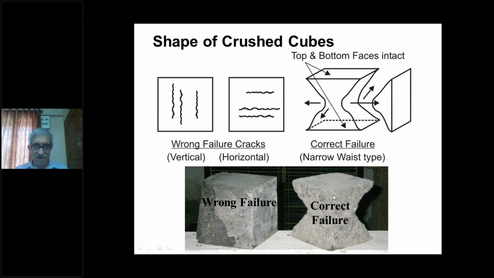If you get correct results, the narrow waist type failure occurs. If both the surfaces of the cube and the platen are very straight, then you get a correct failure. This is very, very important.